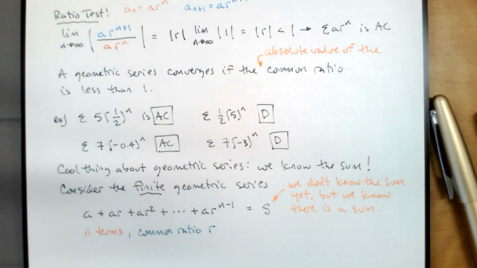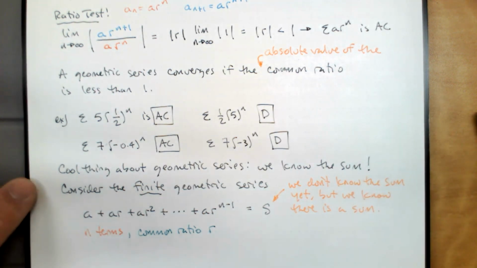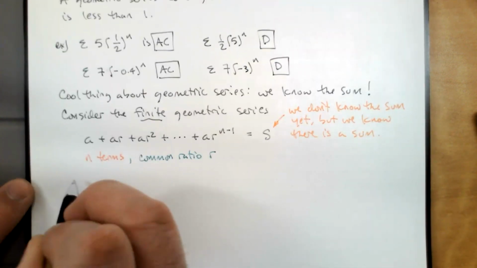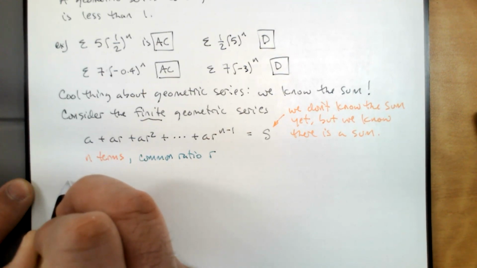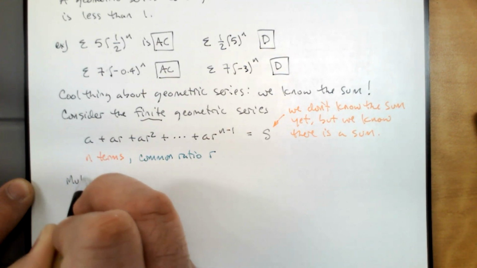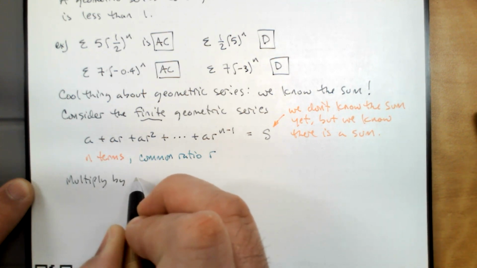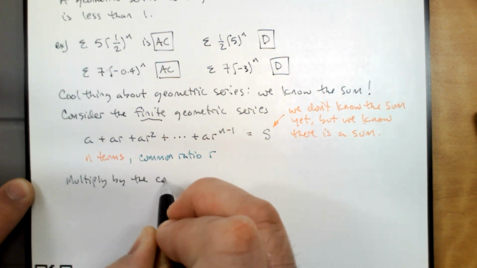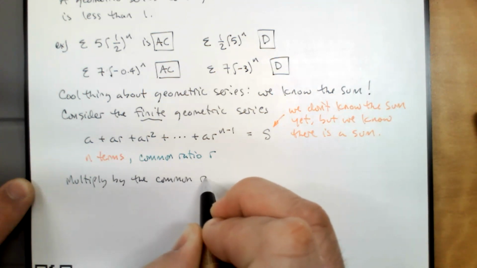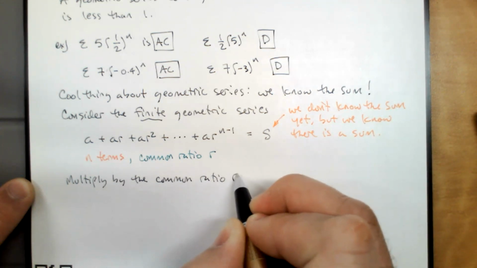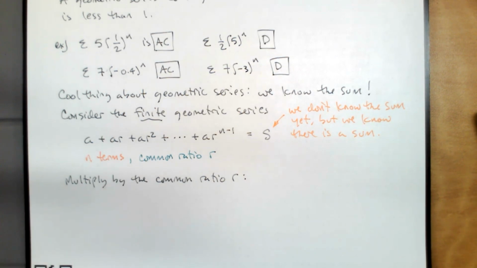I'm going to multiply both sides by the common ratio. Now we start our algebraic chicanery. So I'm just going to multiply everything by r.